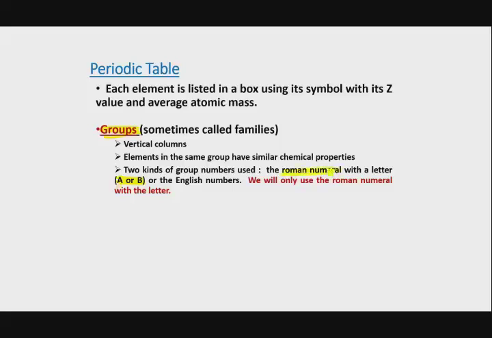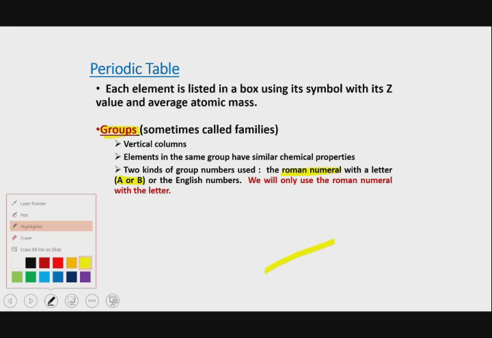And this Roman number, if you look very closely on top of each group, each column, has a letter either A or B associated with it. So please take a highlighter or a colored pen and highlight the Roman number with the letters A or B associated with them. Those are the ones we will use for our discussions.